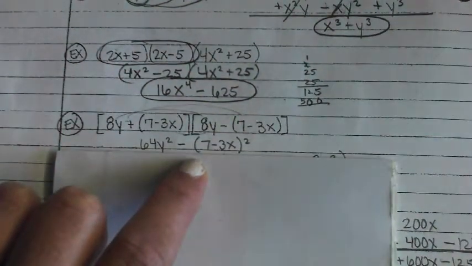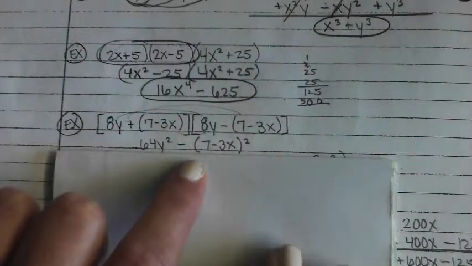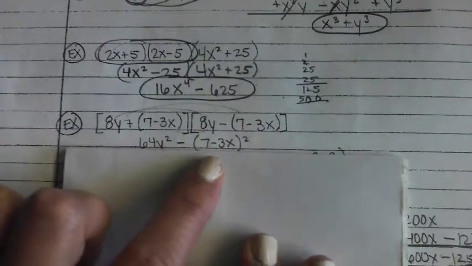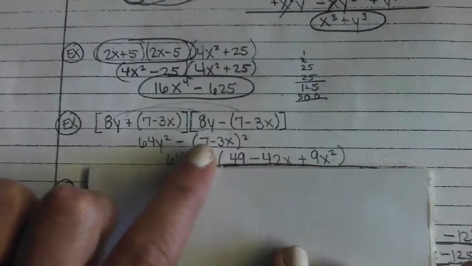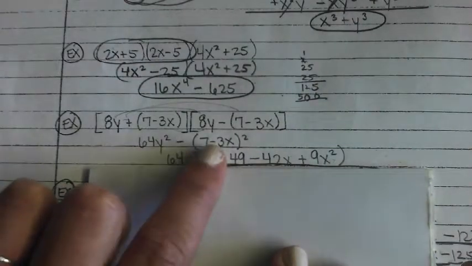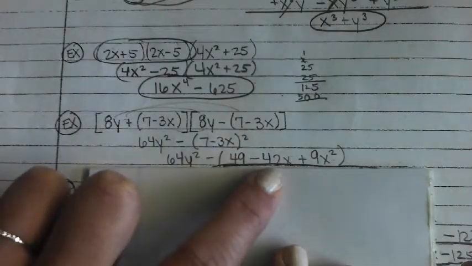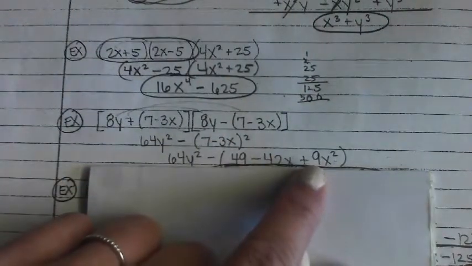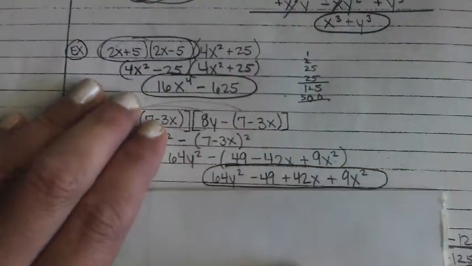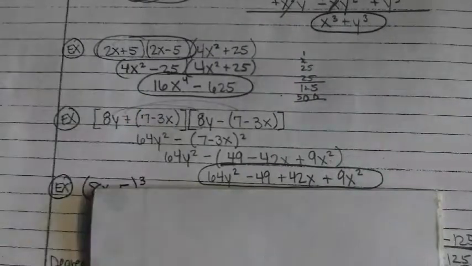But I actually have to square that out. So that's what I did next, I squared out the 7 minus 3x using my little shortcut there. 7 times 7 is 49. 7 times negative 3 is negative 21x. We double that, negative 42x. And negative 3x times negative 3x is 9x squared. And then distribute your negative sign, and then rewrite in standard form.